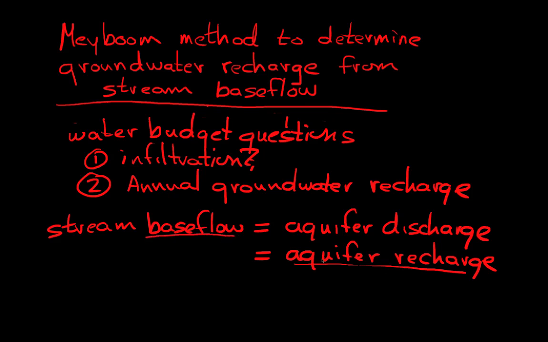And this equality is true if there is no change in storage and you have the basic hydrologic equation, conservation of water. What goes in comes out. And if you measure what comes out, then you have a measure of what actually infiltrated in the first place.